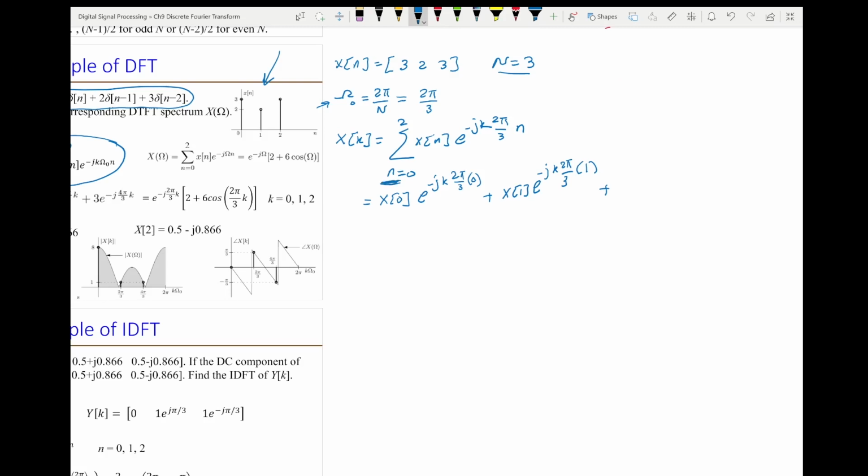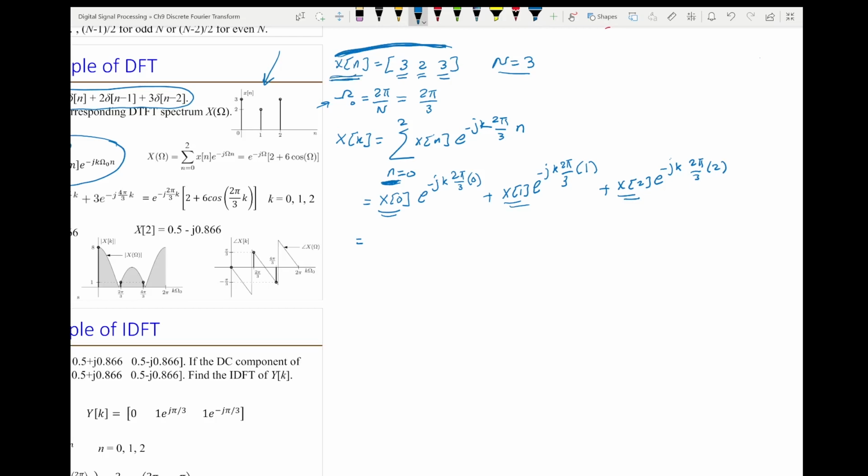When n is 2, that's the last thing, times 2, equal. Now I plug in values for x0, x1, x2 from this input.